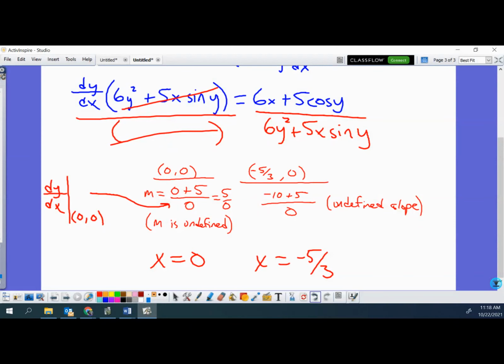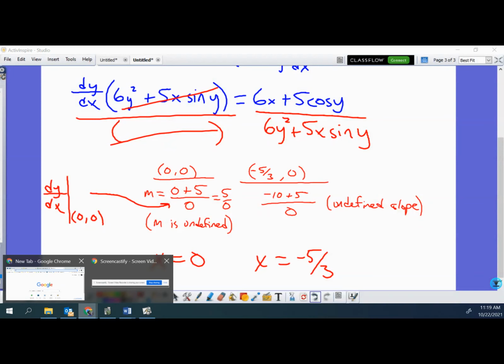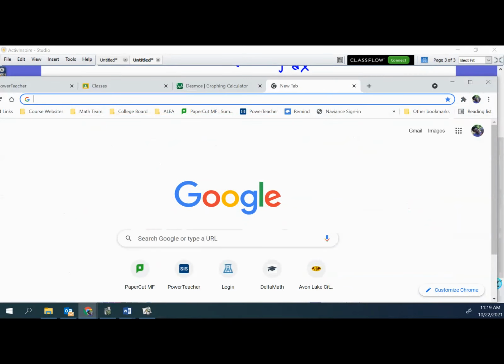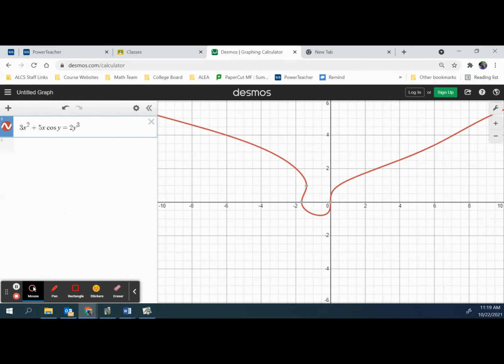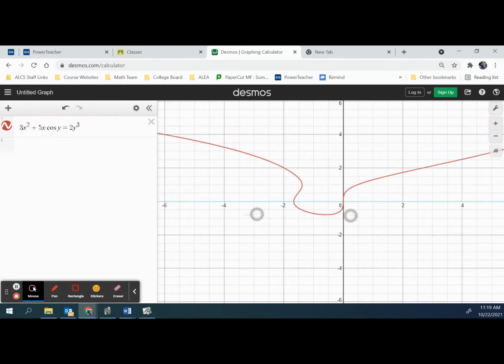But if we look at the graph, sometimes it does go that way. If we look at the graph of this function, you can see that at those two zeros, it does look like there might be vertical tangents.